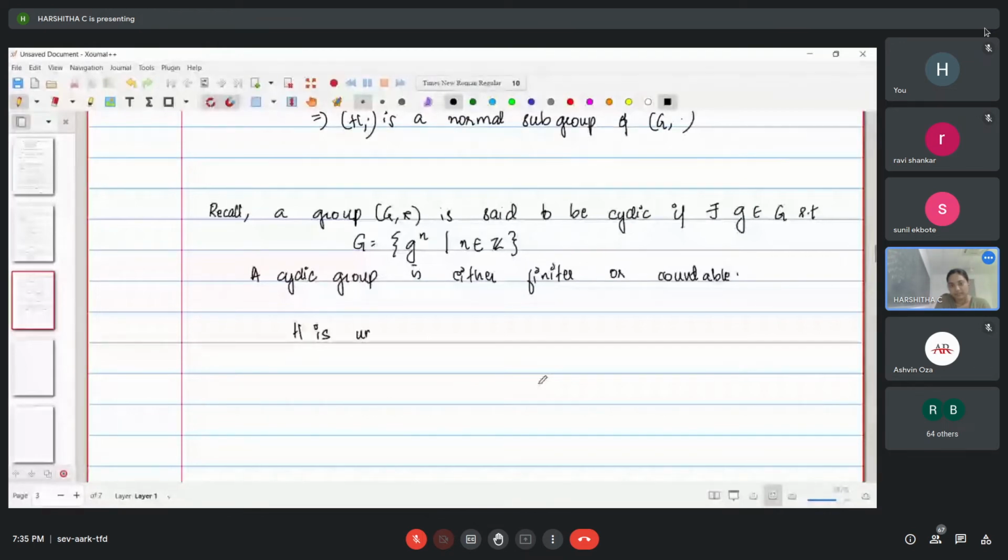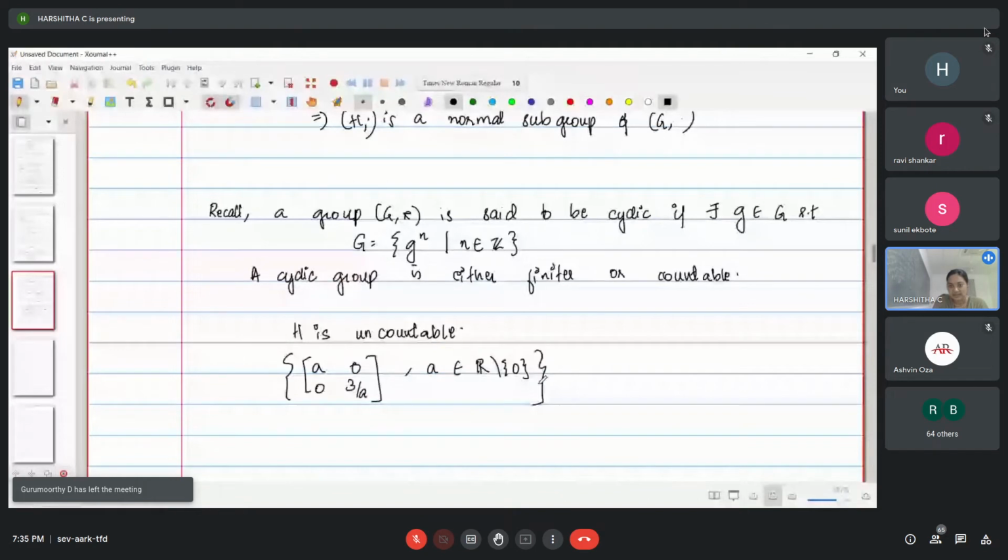One way of looking at it is, you look at this set of matrices. You just take any real number A and you look at this matrix where the diagonal entries are A and 3 by A, and the other entries are 0. So what is the determinant of this matrix? 3, right?